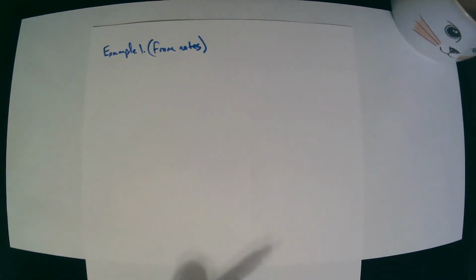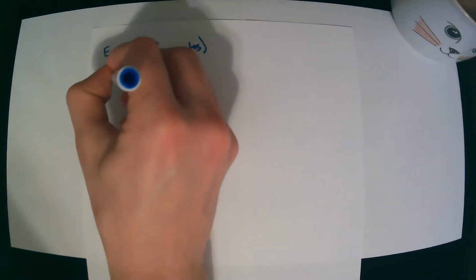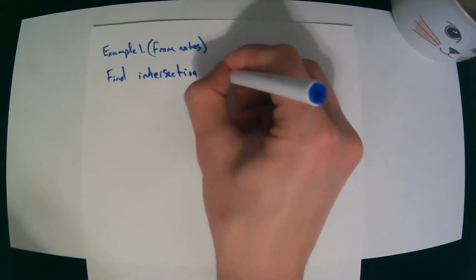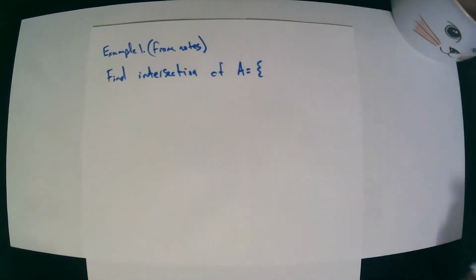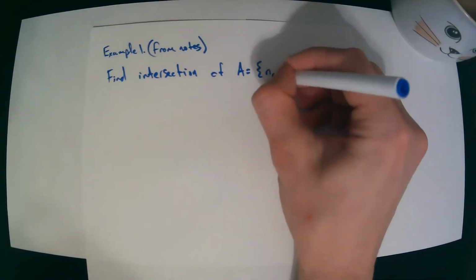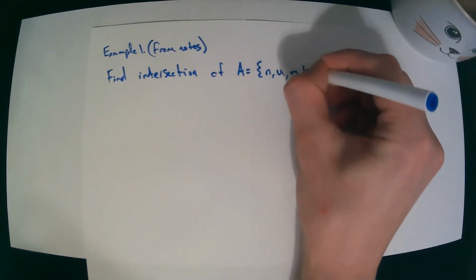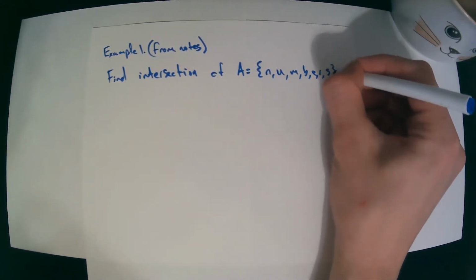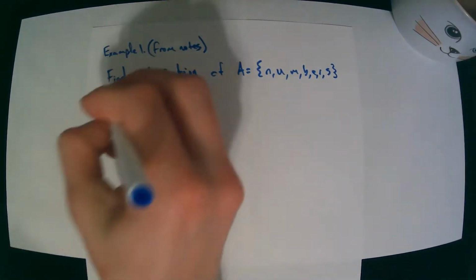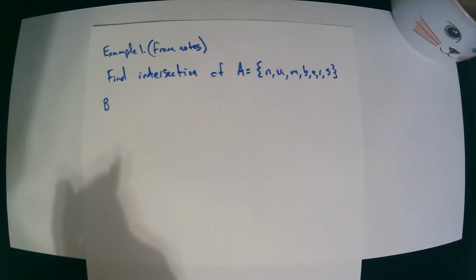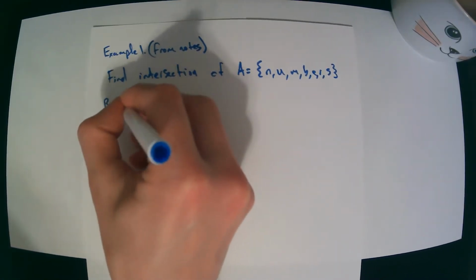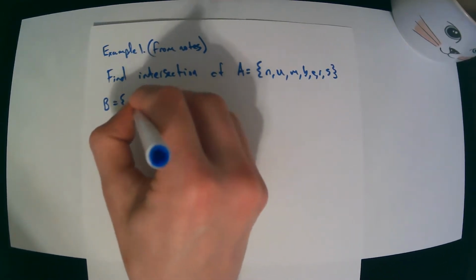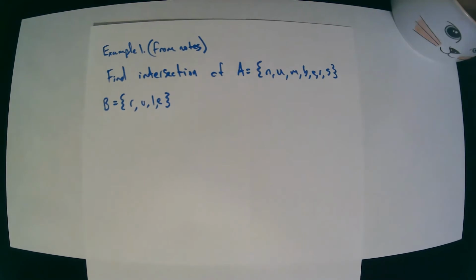It says to find the intersection of the sets A and B. I'm going to shorthand this, so find intersection of A, which is equal to the set of letters that spell the word numbers, with an S. So 7 elements in A, so I could say the cardinal number of A is 7. And B is the letters that spell the word rule. So 4 elements in that set. The cardinal number of B is 4.